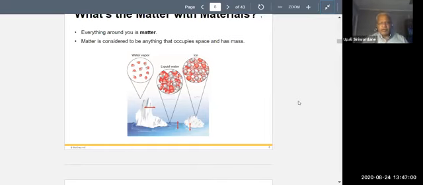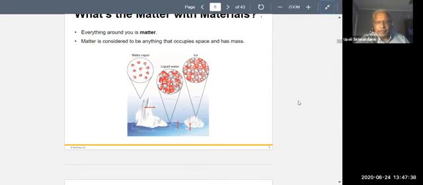Now, I talked in the introduction, there are two ways to look at matter. One is the macroscopic view, as in the atmosphere. You can look at the atmosphere, air. That's a gaseous state. The water molecules are in the atmosphere in the gas phase. And the chunk of ice in the ocean, that is solid state.